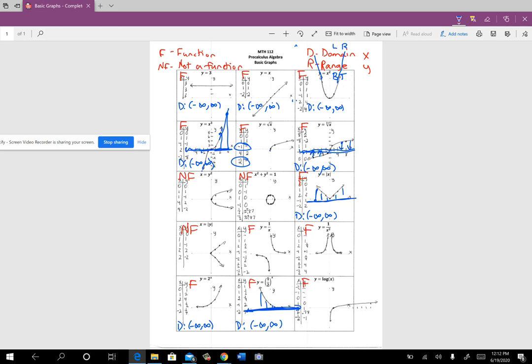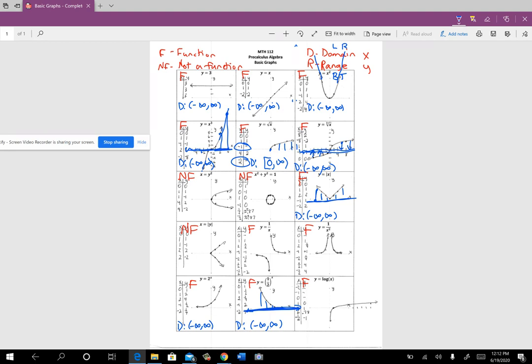And you see how this point right here has an x-coordinate of 0, and then these points have x-coordinates that go up from there. The domain on this would be all the points from 0 to infinity, including 0. And the bracket on the 0 just means 0 itself is included.